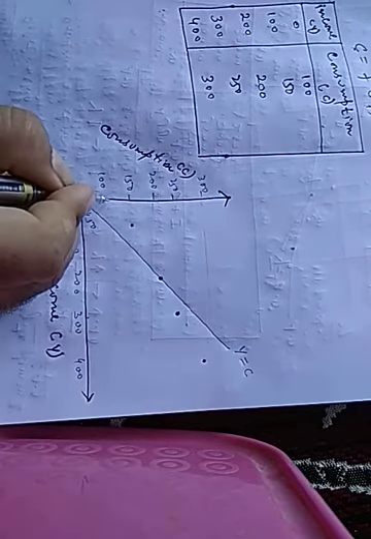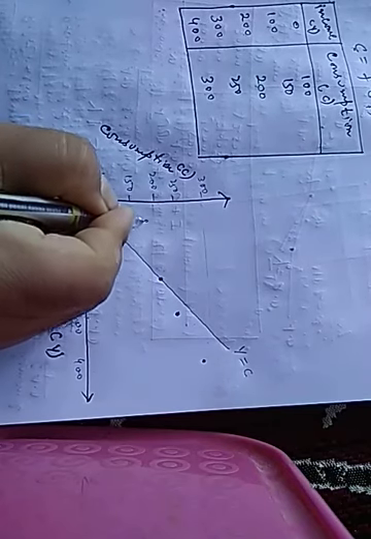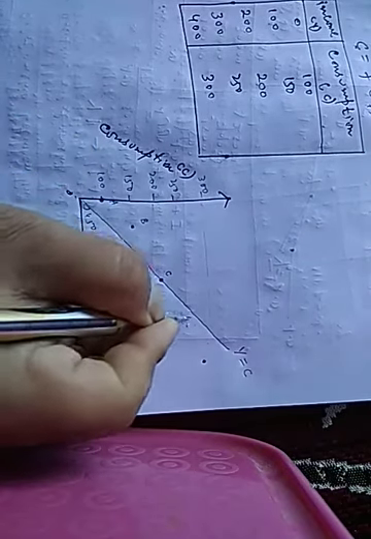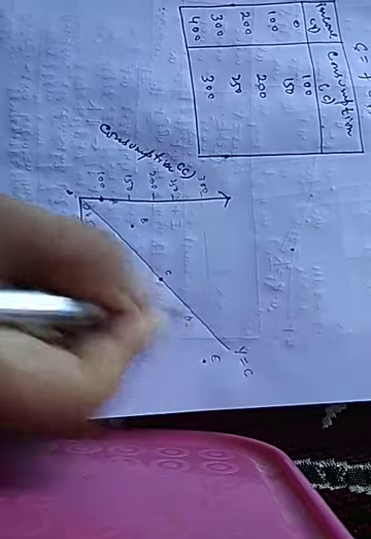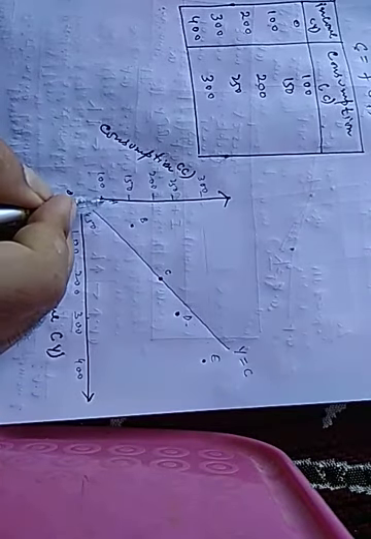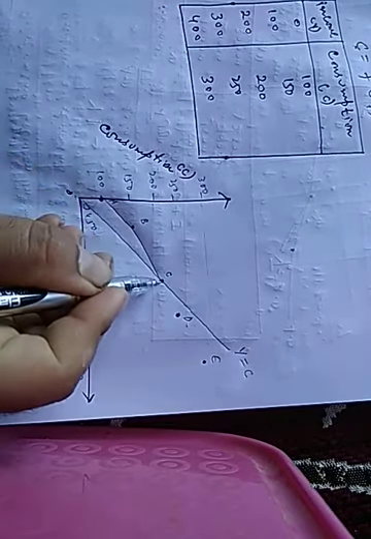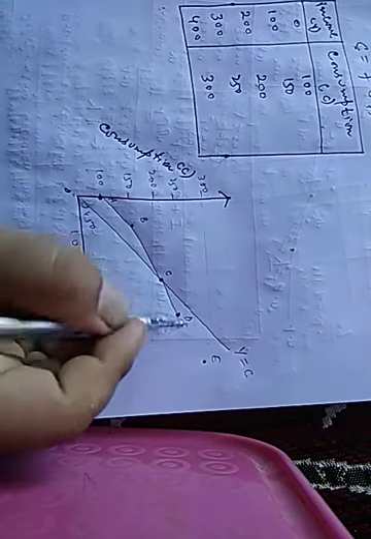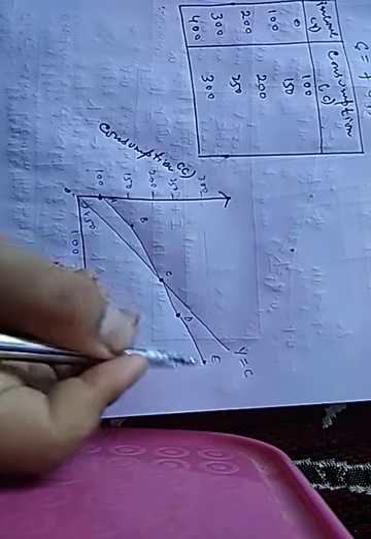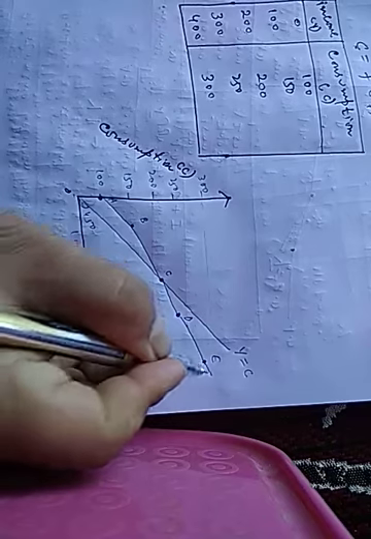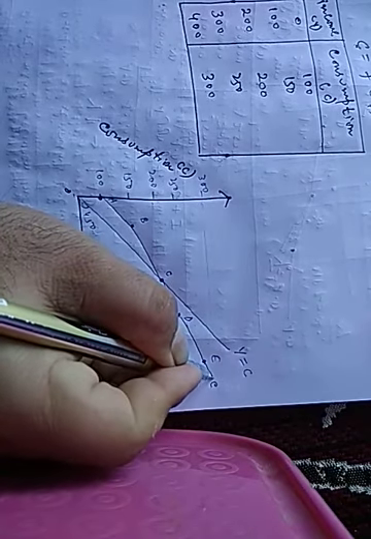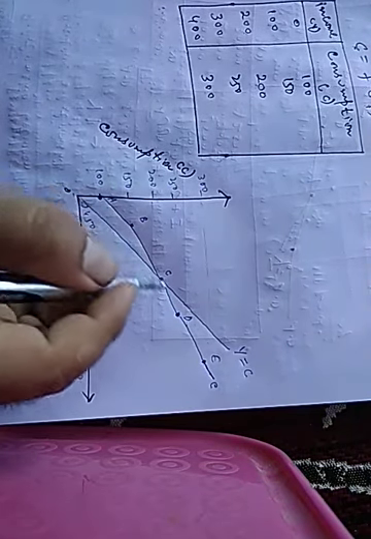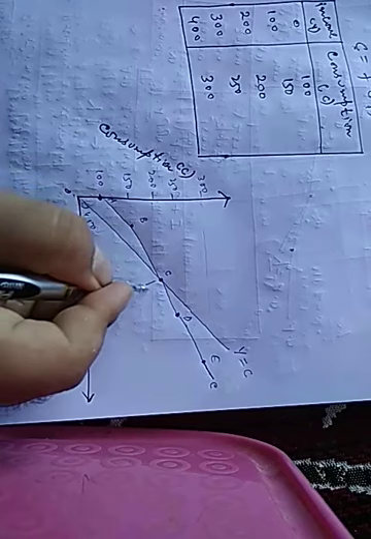Now joining these points, point A, B, C, D and E, we will get a line that is the consumption line, consumption curve, which shows different levels of consumption at different levels of income, denoted by C. The equality point between income and consumption is known as the break-even point.